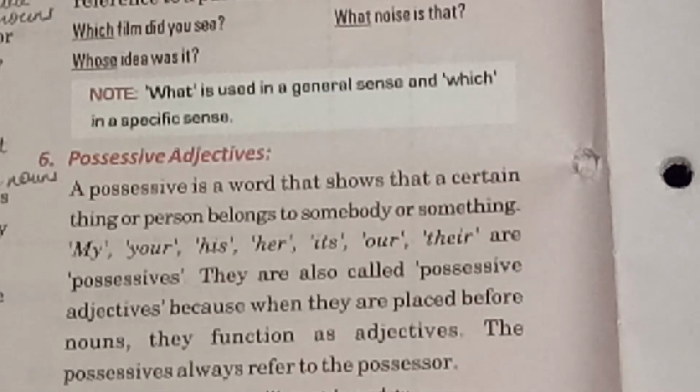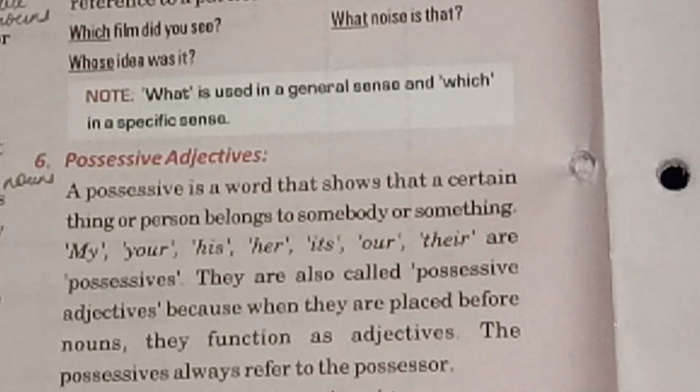Now come to possessive adjectives. Possessive adjectives show the belonging, right? Like my, your, his, her, its, our, their, these are possessives, and these are called adjectives. अगर इसके साथ में हम s लगा देते हैं, yours, his, hers, its, ours, theirs, they become possessive pronouns.